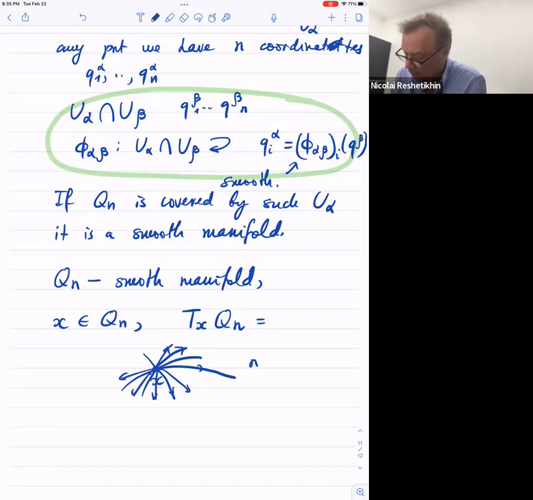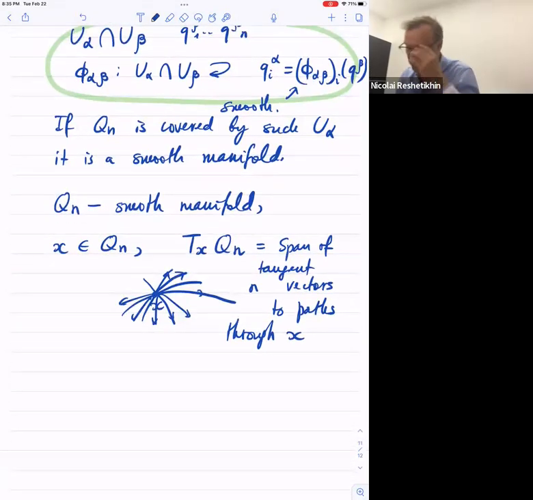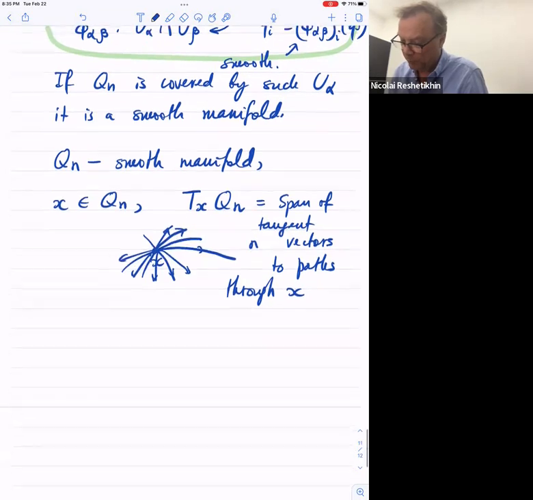And this is the span of tangent vectors to paths through x. It's a very simple intuitive notion. To give a precise mathematical definition requires some work, but this is standard work done in textbooks, so I'm not going to do it again.